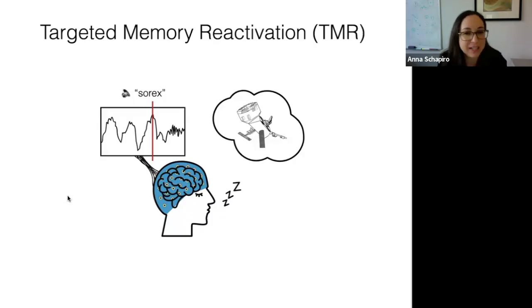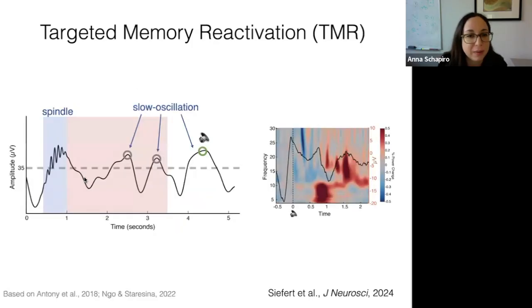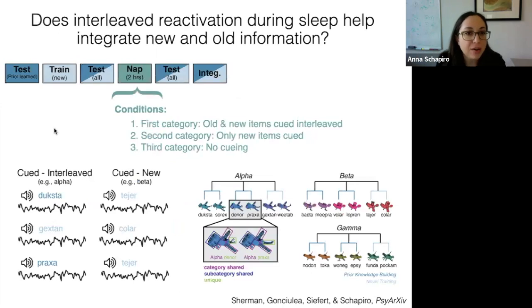This technique has been used now for decades in this literature and is really quite effective at encouraging replay and changing those specific memories. We're monitoring EEG activity in real time, waiting for the peaks of slow oscillations and playing our sounds exactly at those moments. So we have 3 TMR conditions within each participant.